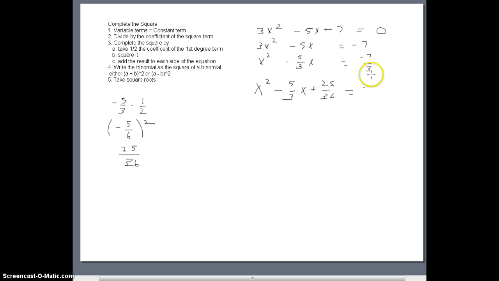I'll need to have a common denominator, so I'll rewrite the fraction -7/3 with a denominator of 36. That would be -84/36. Plus the 25/36.